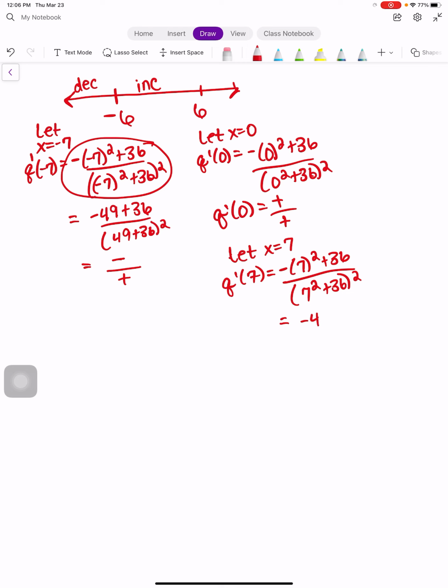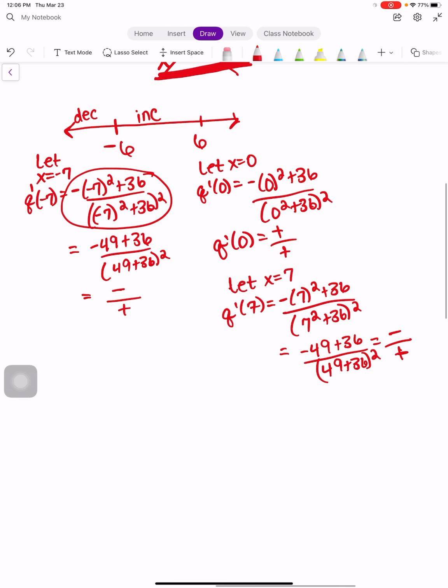So I have negative 49 plus 36 divided by 49 plus 36 all squared. And what we see there is in my numerator, I have a negative outcome, and in the denominator, I have a positive. And so a negative divided by a positive is a negative. And what that tells me is that over the interval, that function is decreasing.